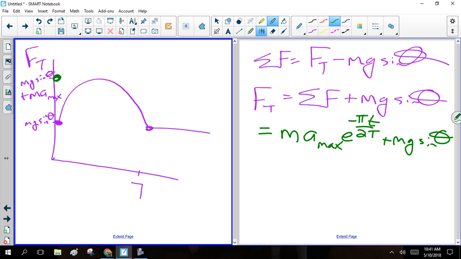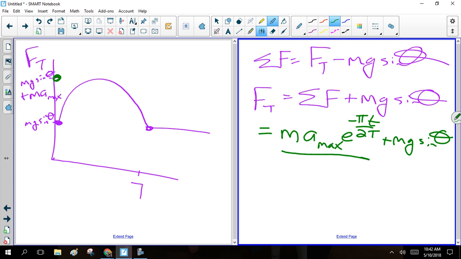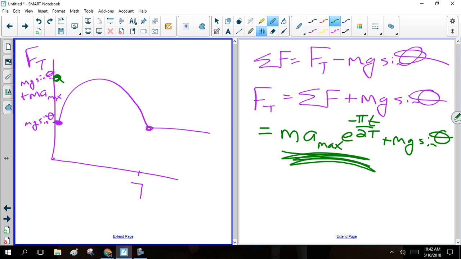Now, as t gets bigger and bigger, e to the negative pi t is going to go to 0. So as t goes to infinity, this mess goes to 0, and you're just going to end up with mg sine theta. So mg sine theta is an asymptote there. Cool?